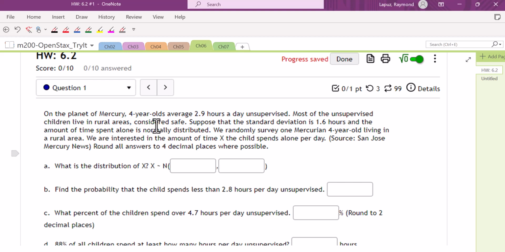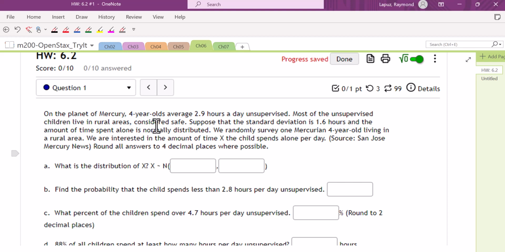We randomly survey one Mercurian 4-year-old living in a rural area. We are interested in the amount of time X that the child spends alone. This is a source from Mercury News, San Jose Mercury News. We want to round off all the answers to 4 decimal places when needed.